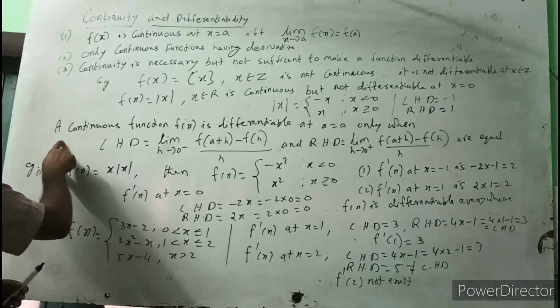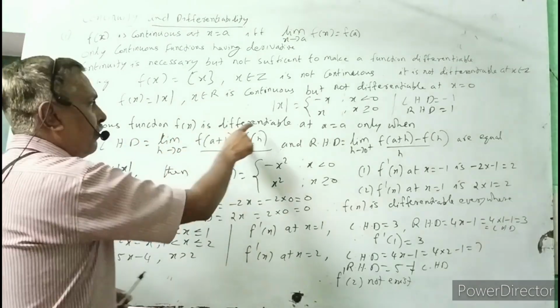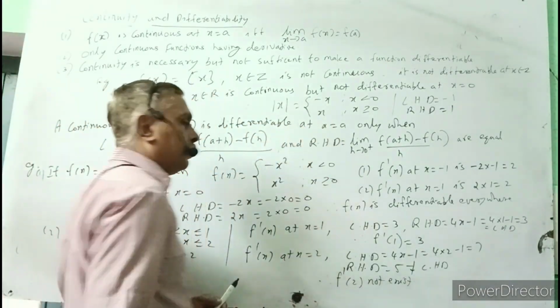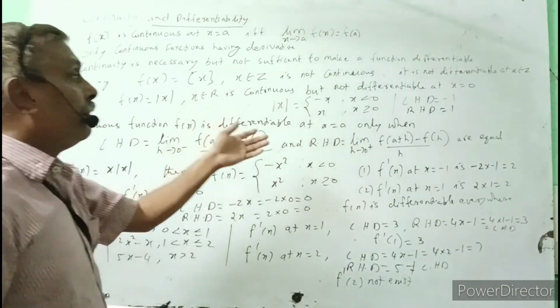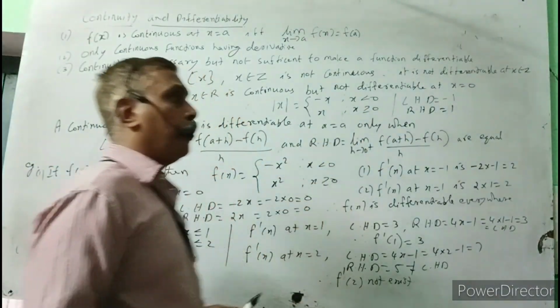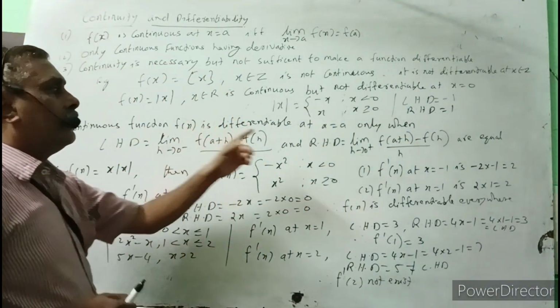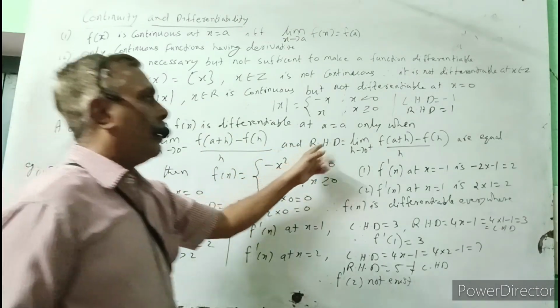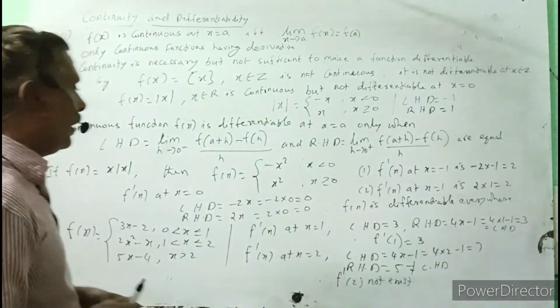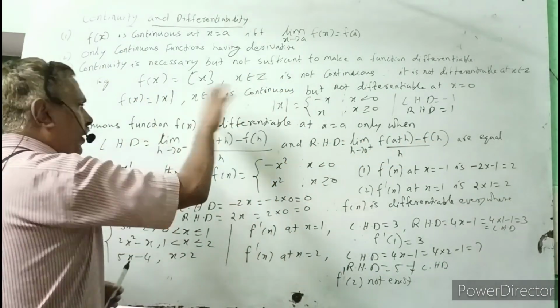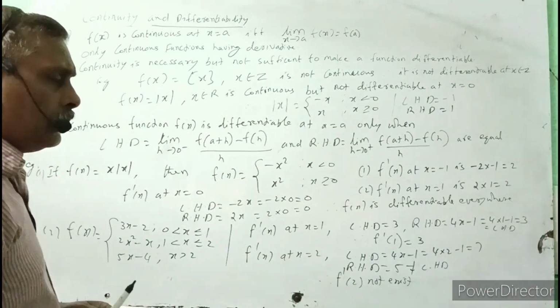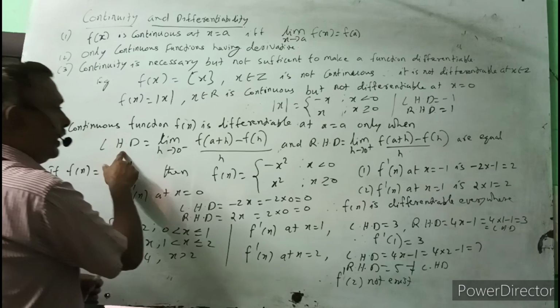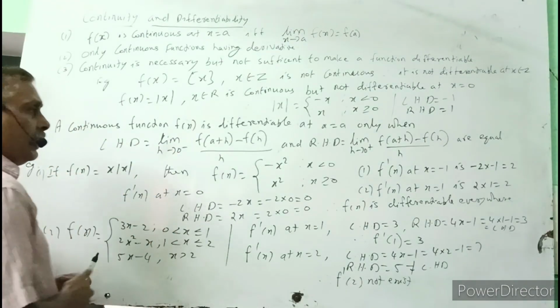Now, next point: a continuous function f of x is differentiable at x equal to a only when the left hand derivative and right hand derivative are equal. There is a formula to find the left hand derivative. Usually we do not use this formula directly, we differentiate by chain rule. The left hand derivative formula is the first principle formula itself.